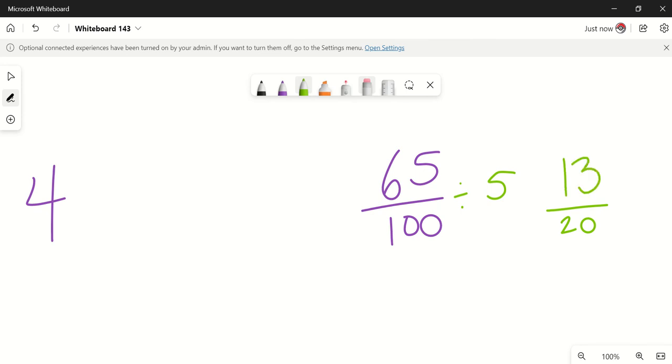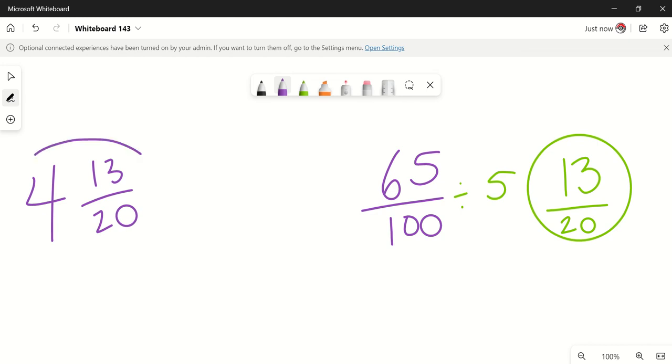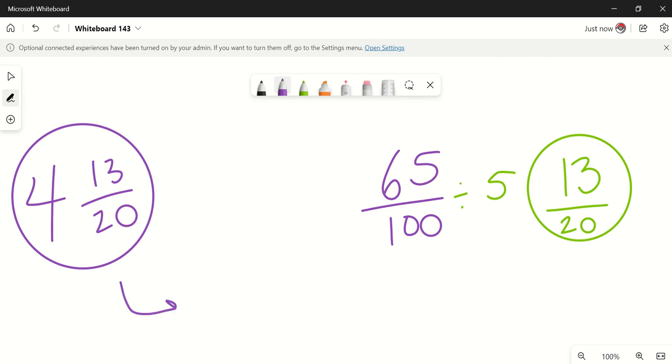Now, 13 and 20 will have nothing in common because 13 is a prime number. Therefore, my simplified fraction of this would be 4 and 13 twentieths, or 13 over 20. And that is the same thing as saying 4.65.